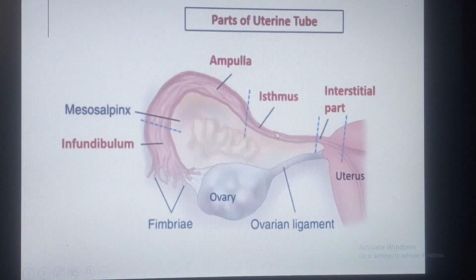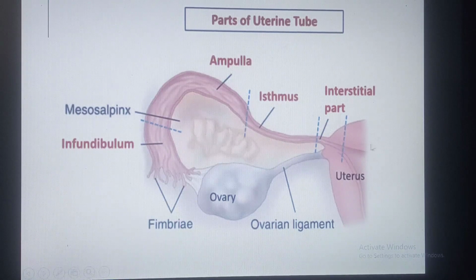This isthmic part actually serves as a physiological sphincter to the uterine tube. It is the preferred site for tubectomy. So if you want to remove the fallopian tube, you want to actually do it over here.